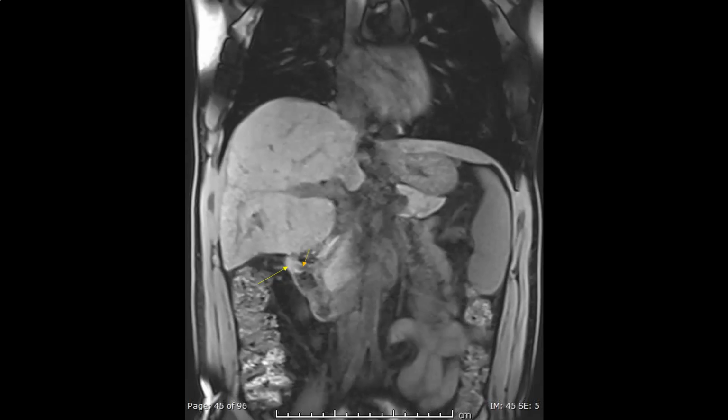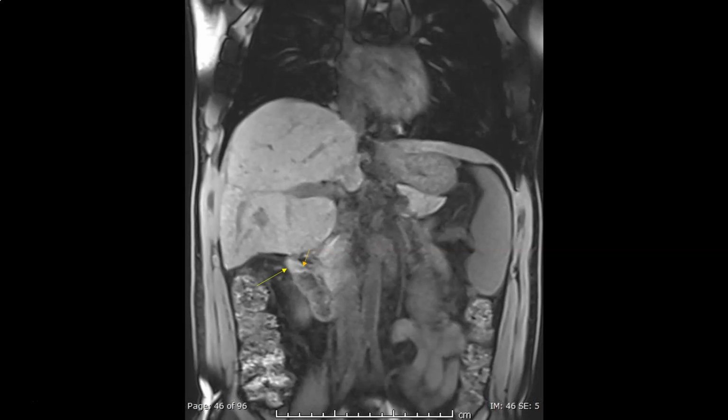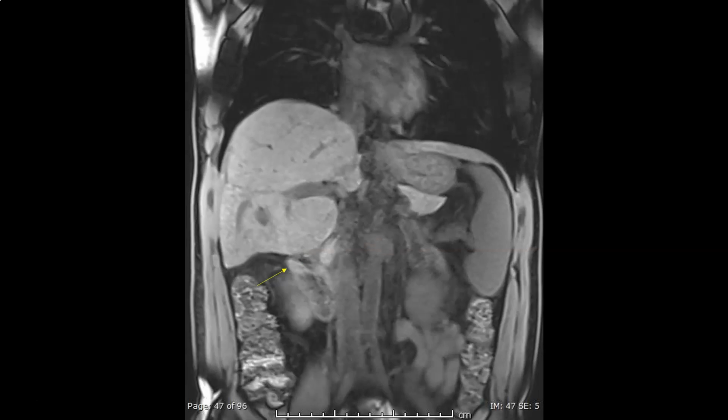And here even we can see the low signal intensity within this high signal intensity of the pancreatic parenchyma, which represents a pancreatic duct system. The pancreatic tissue crosses posterior to the duodenum and joins the mother pancreatic head.